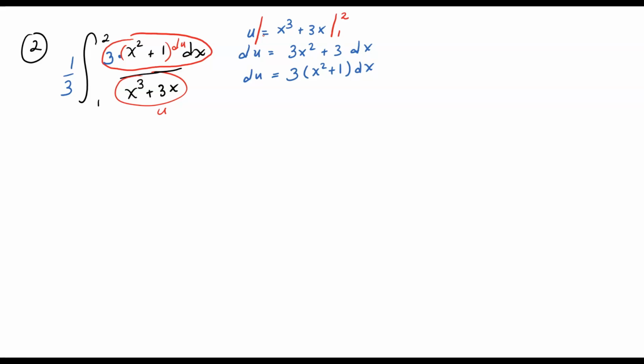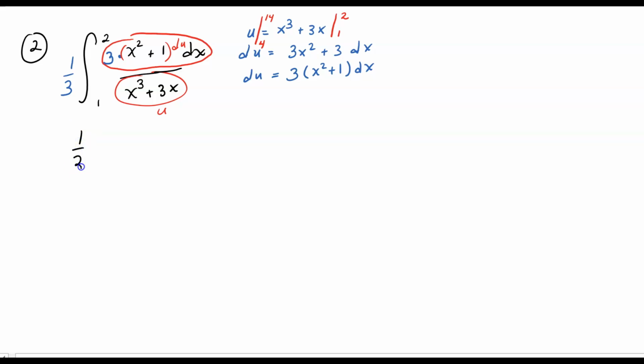Plugging in the 1, I get 1 cubed plus 3 times 1, which is just 4. Then I plug in my 2. 2 cubed is 8, 3 times 2 is 6, 8 plus 6 is 14. So I'm adjusting my limits of integration so that I don't have to back substitute. This makes this really nice now.